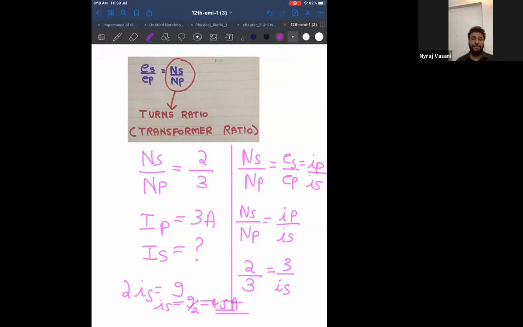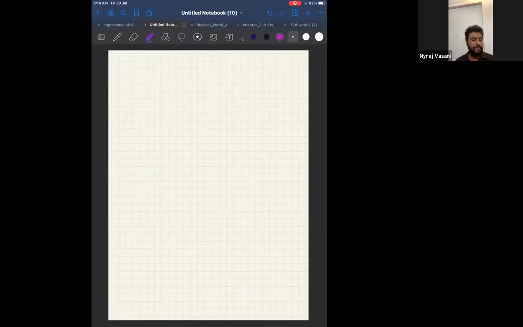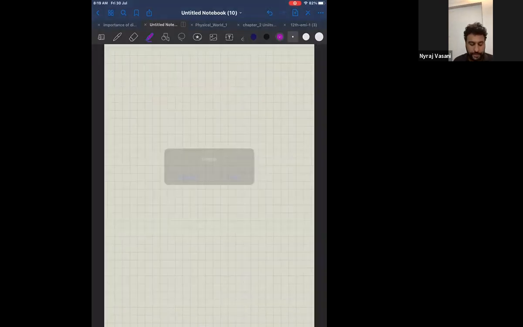Transformer ratio is NS by NP. Please remember, we have just done it in the notebook also. Okay, everyone clear with this? Now start with question number 7, the next question itself.